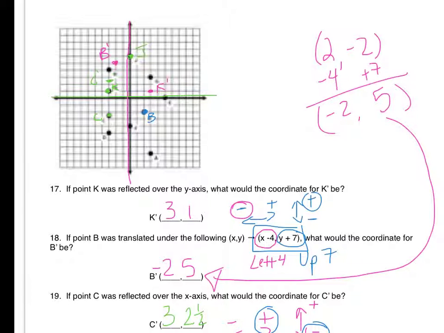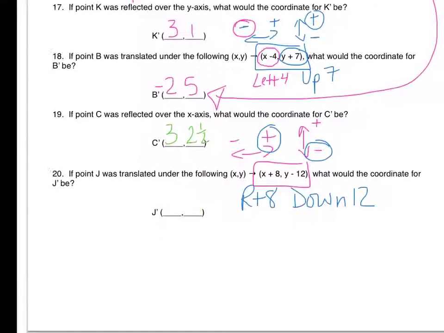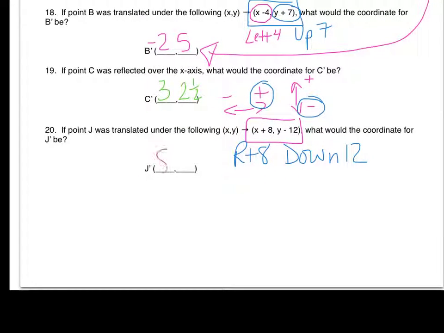So I'm going to go 1, 2, 3, 4, 5, 6, 7, 8, and then 1, 2, 3, 4, 5, 6, 7, 8, 9, 10, 11, 12. So it's going to be right here, J prime. So on my paper it is going to be 8, negative 6.